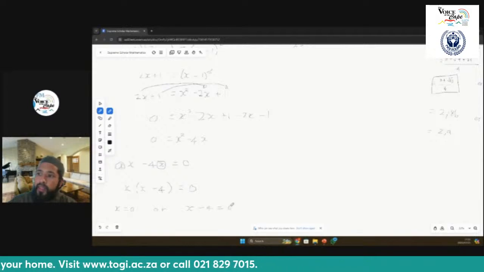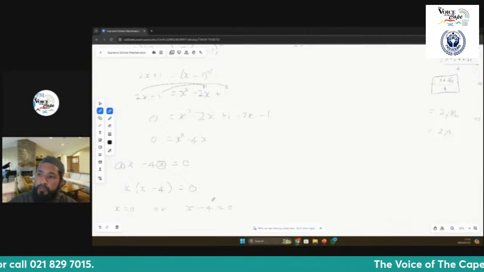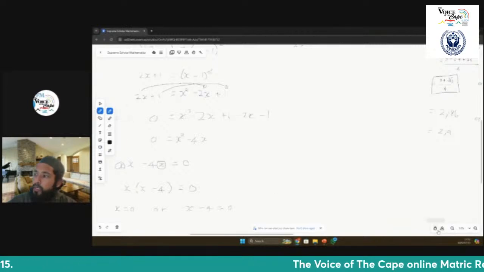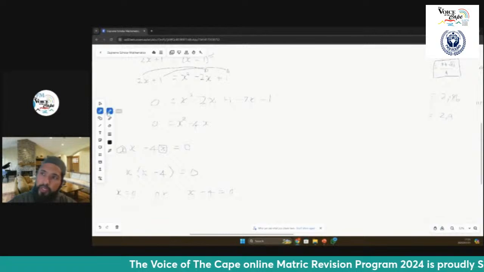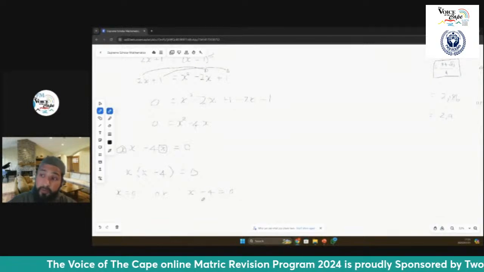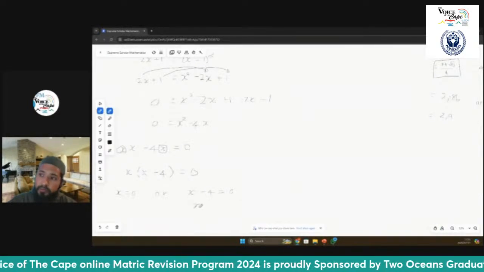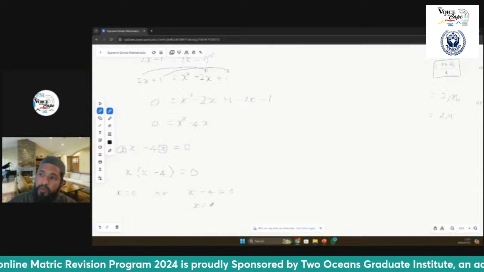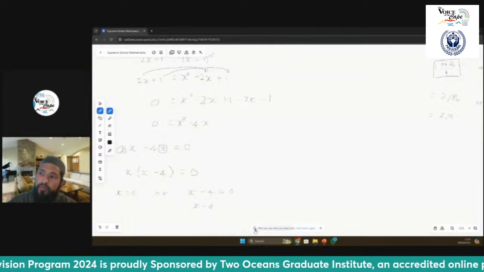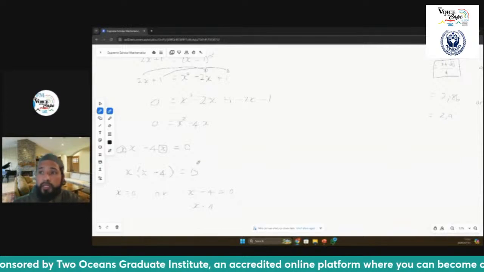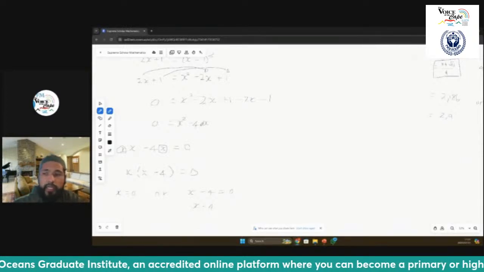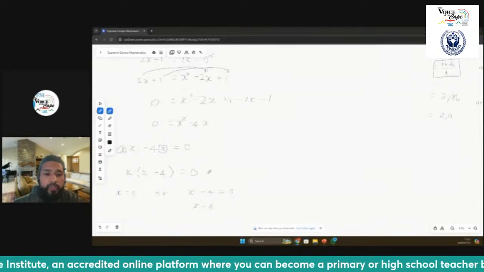And then it follows for us to simply simplify the second answer here, because if x is equal to 0, you can't do anything with that, right? If x minus 4 is equal to 0, then x must be equal to 4, and that is your solution. Okay. So that's that question over there. 4 marks, and that is how to deal with that question.